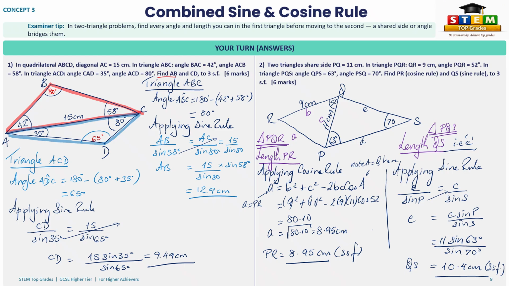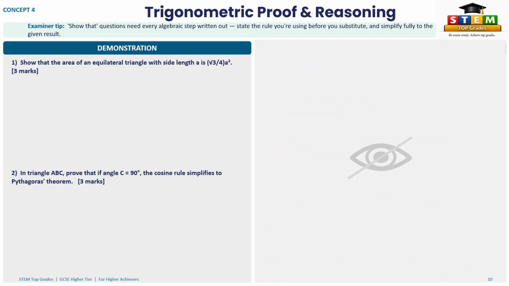Okay, and concept number 4, trigonometric proof and reasoning. Examiner tip: show that questions need every algebraic step written out. You have to state the rule you're using before you substitute and simplify fully to the given result.